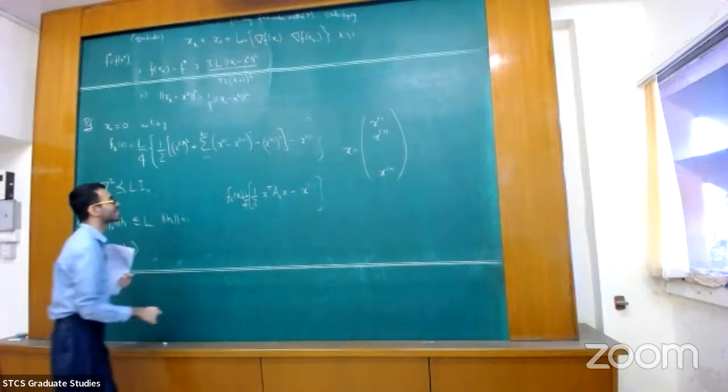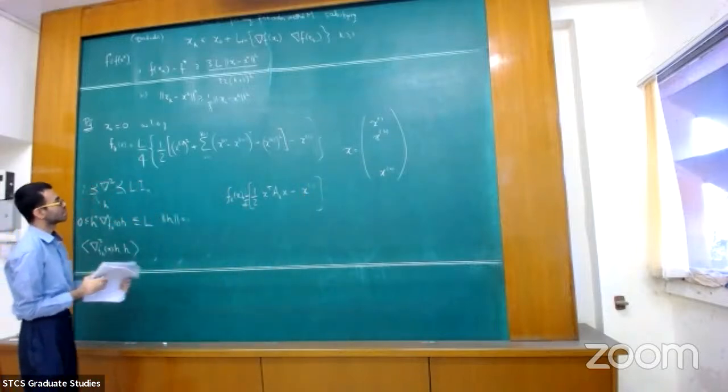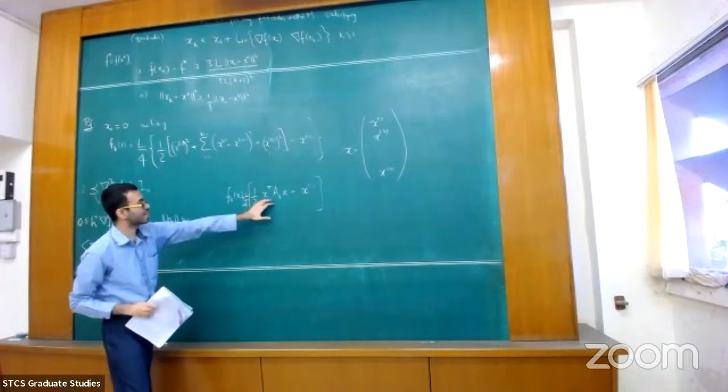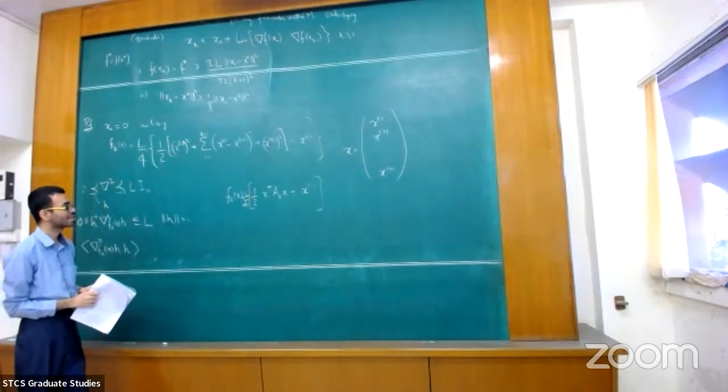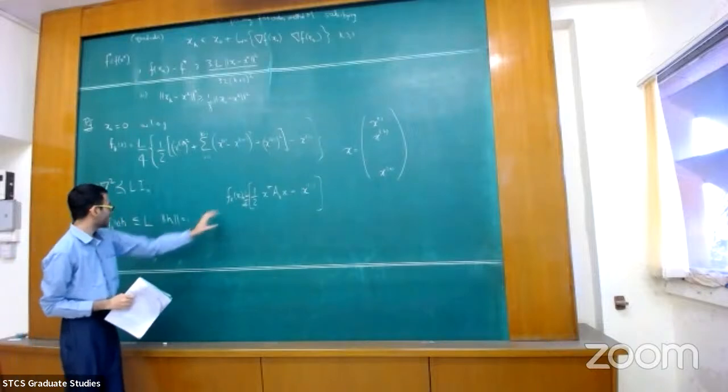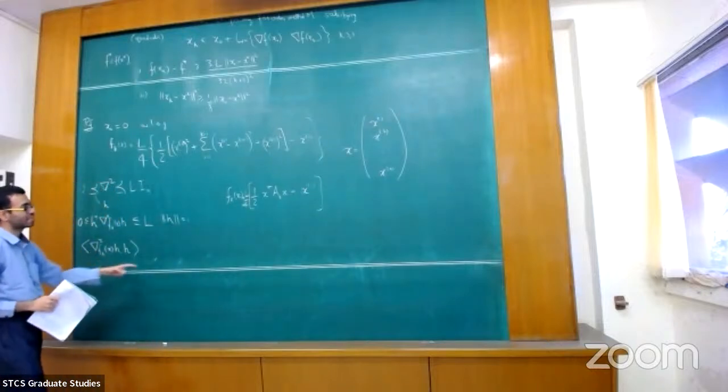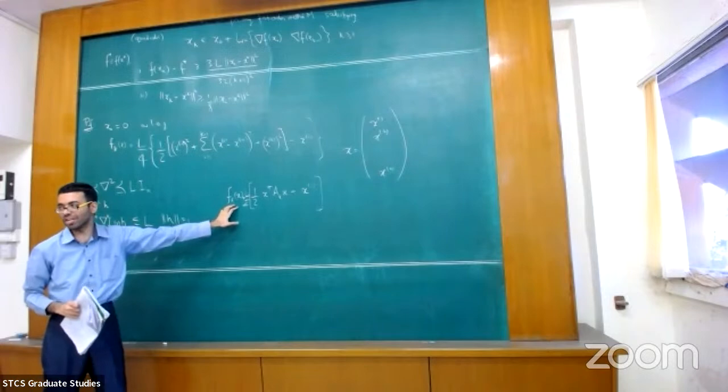Somehow it has this structure, so I'm resolving all the square terms in this Ak. Correct. So now if I were to find the Hessian of this quantity, of this fk(x), what would it be?